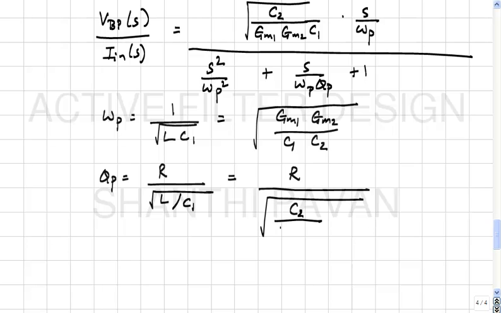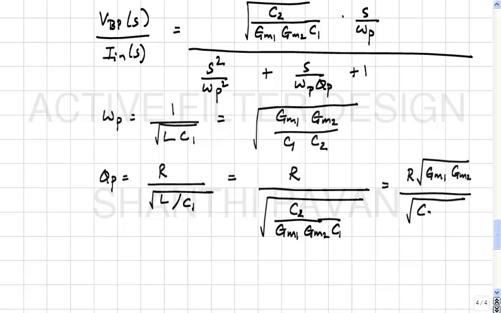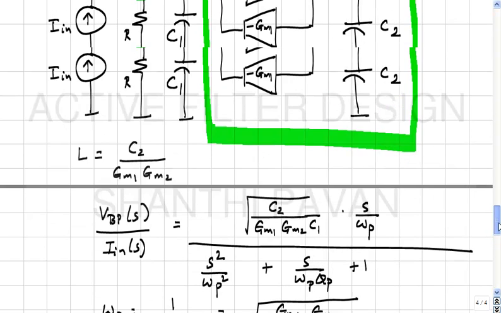C2 by GM1, GM2, C1, which is therefore R times square root of GM1, GM2 divided by square root of C2 by C1. And as you can see, the QP, which must be dimensionless, is indeed so. Okay. All right.